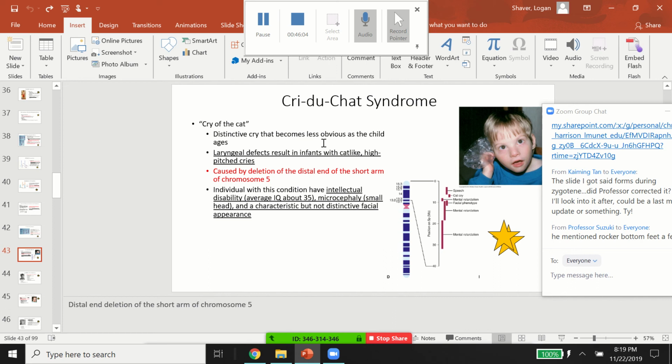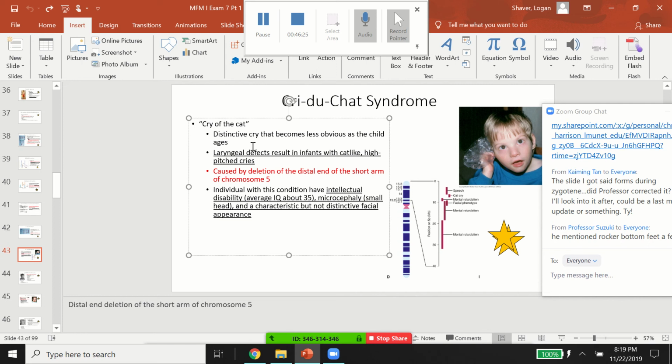Okay. Anyway, the thing that makes this one stand out is definitely the laryngeal defects. That's why it's called that: cri du chat is because it has cat-like high-pitched cries. Now on the exam, they're probably not going to actually mention cat-like because that would be obvious.